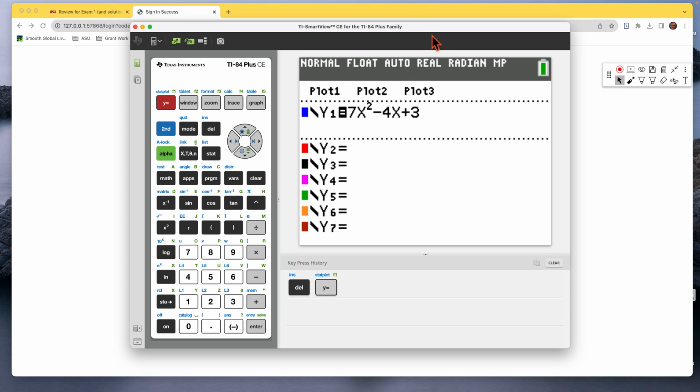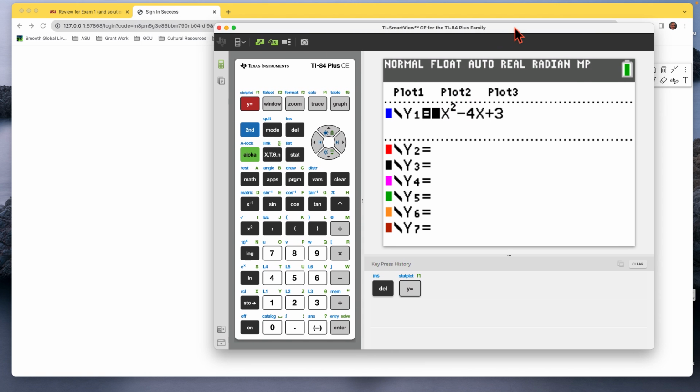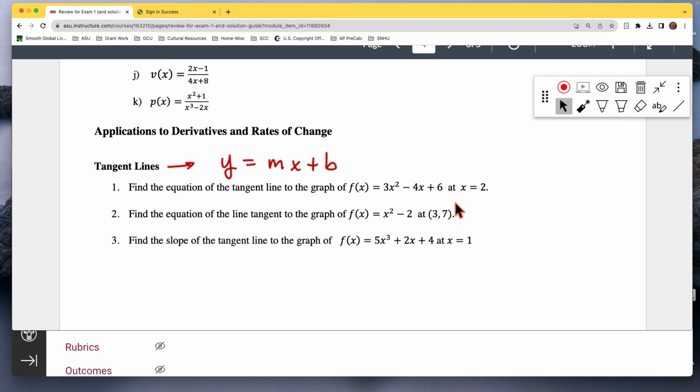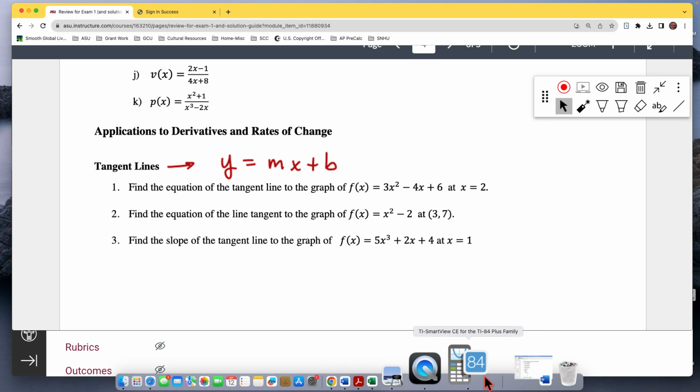So the first step for using this is we need to put in the function. Whatever the function is, don't take the derivative, just put it in, and the calculator will handle everything. So I'll do this one up here, 3x squared minus 4x plus 6.